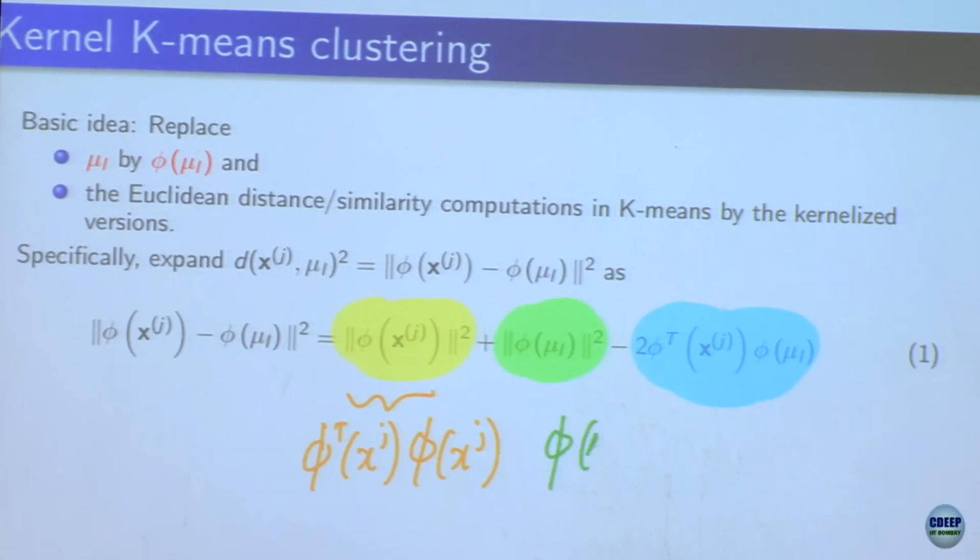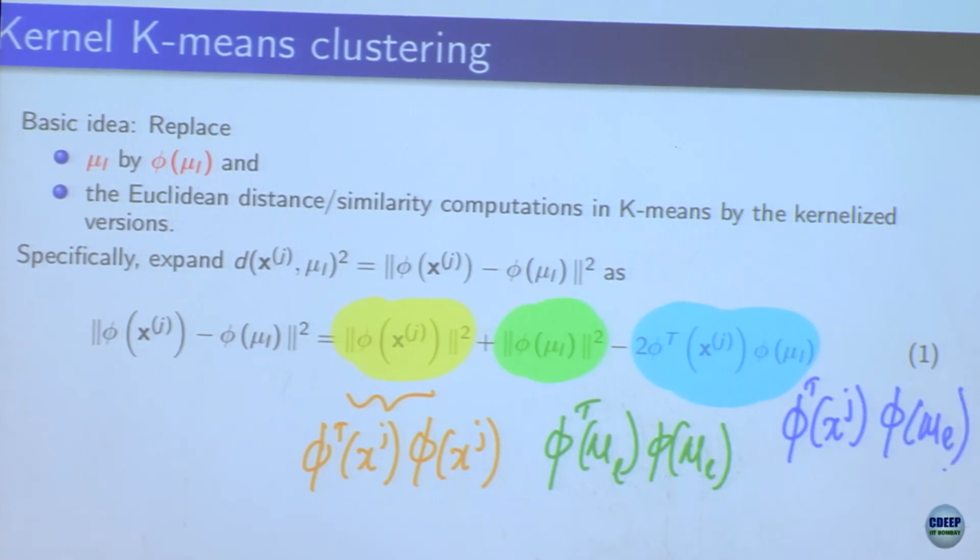This is phi mu l transpose phi mu l, and the third component is phi xj transpose phi mu l, right?